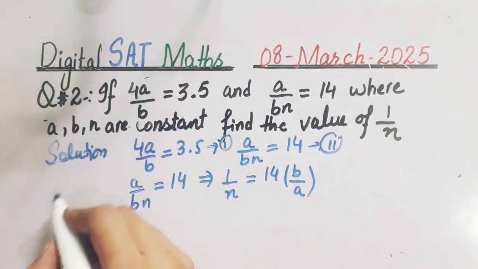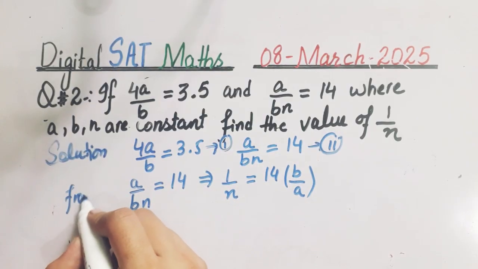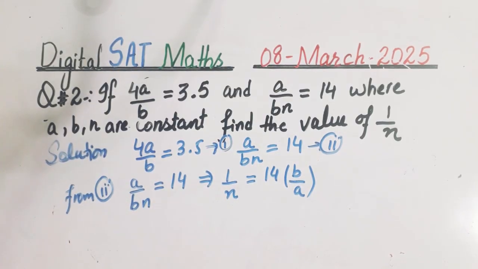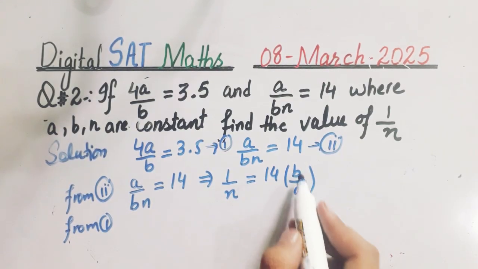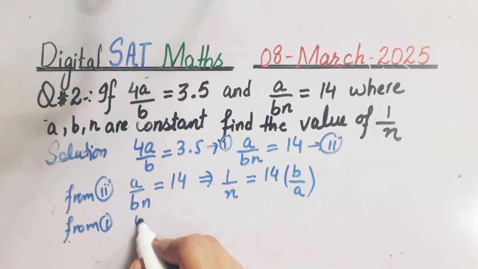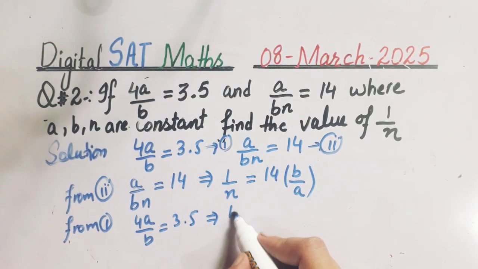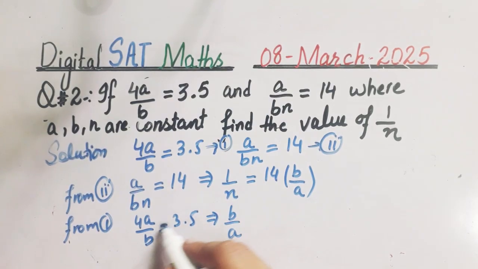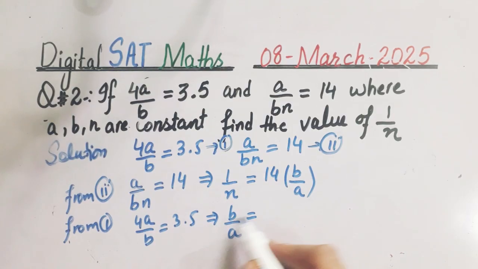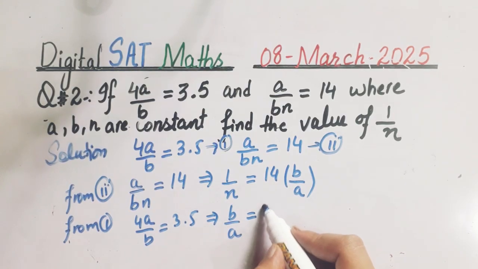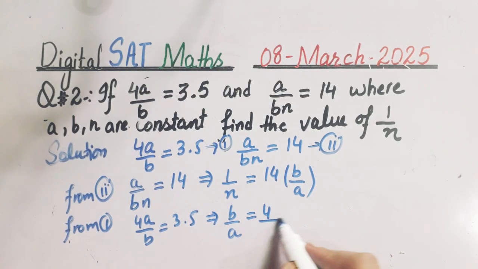Now from this equation, this is from 2, and now from 1 we have to find b over a value. So 4a by b equals 3.5 and we have to find the value of b over a. It means cross multiply, b over a will become 4 divided by 3.5.